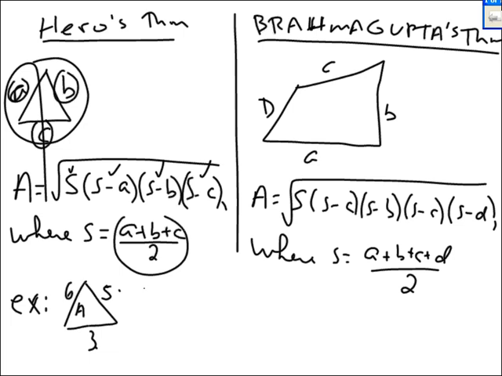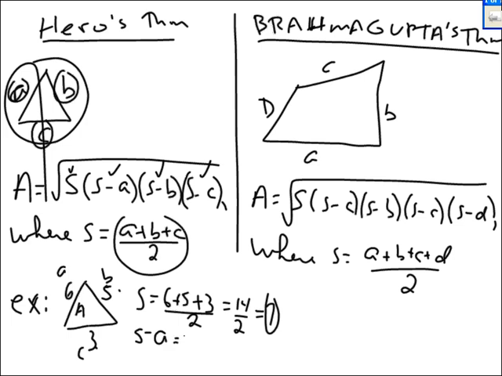Okay, so S is 6 plus 5, 11, plus 3 is 14 over 2, which is 7. So that's one of the numbers. So we call this A, this B, that's C. Doesn't matter. S minus A, 7 minus 6 is 1.